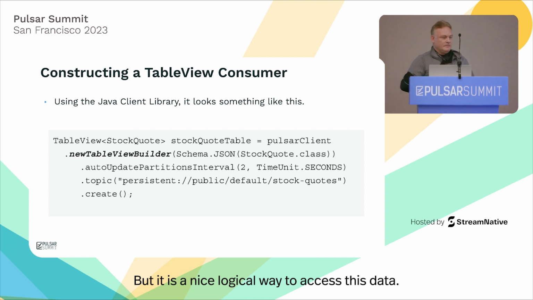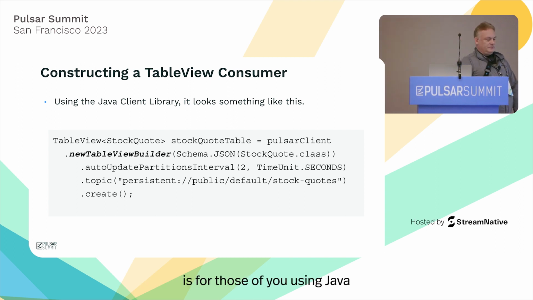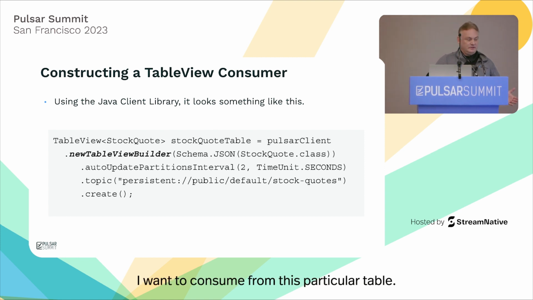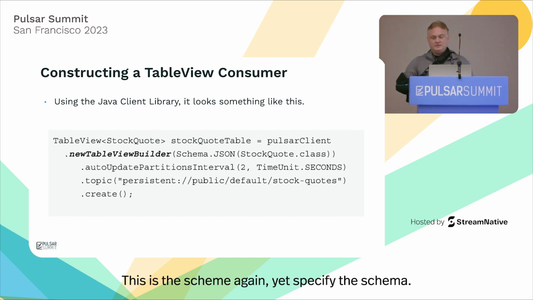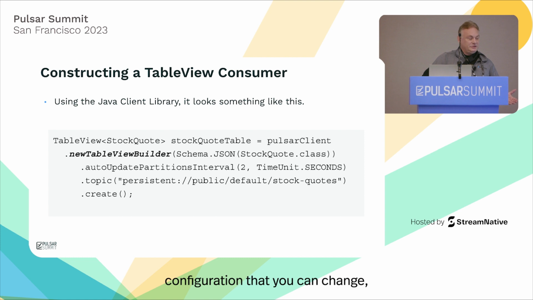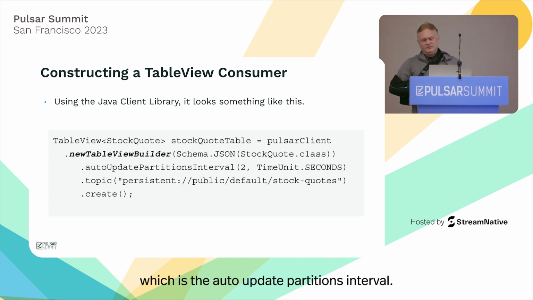So for those of you using Java, which is my preferred language, if you're using the Java client library, this is all that's required to create a table view. You have an existing Pulsar client. You say, I want to consume from this particular table. This is the schema. Again, you have to specify the schema. Right now, there's one configuration that you can change, which is the auto update partitions interval.